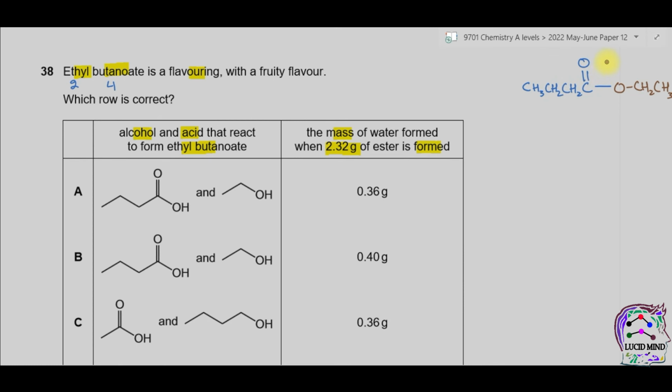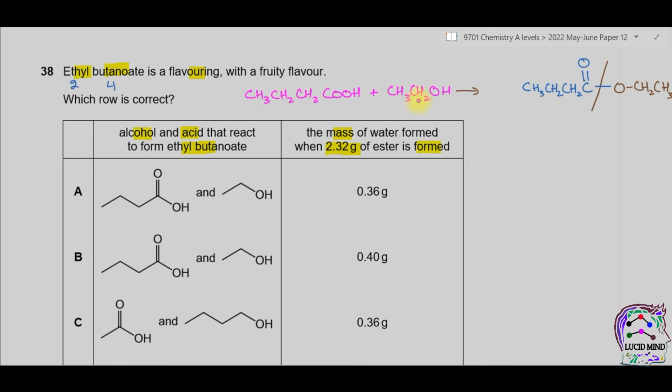So the reactants involved in order to make this compound should be like this. This part comes from the acid, this part comes from the alcohol. So we have a 4 carbon carboxylic acid. So it should be CH3, CH2, CH2, COOH and a 2 carbon alcohol, CH3, CH2, OH.